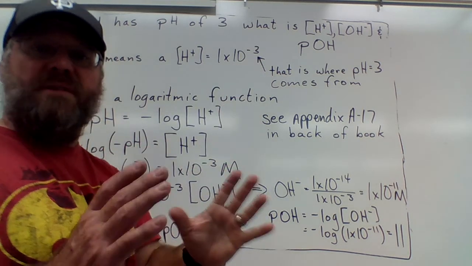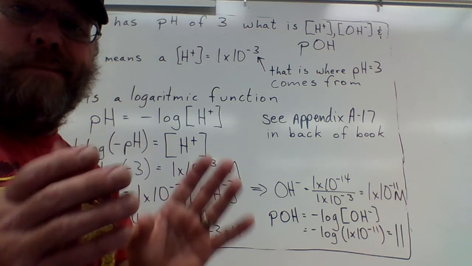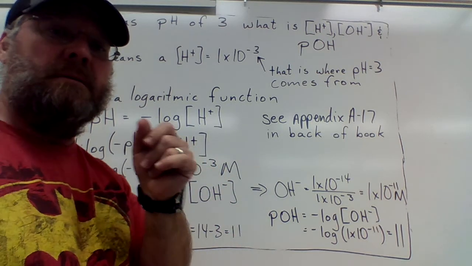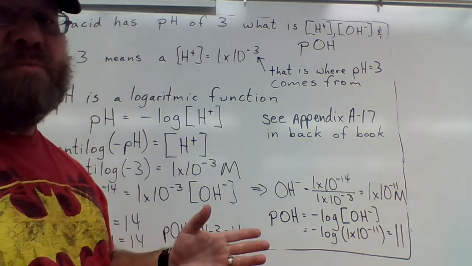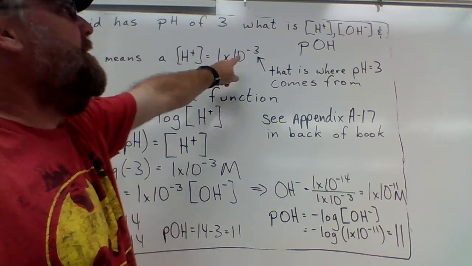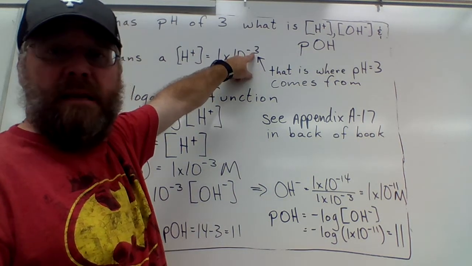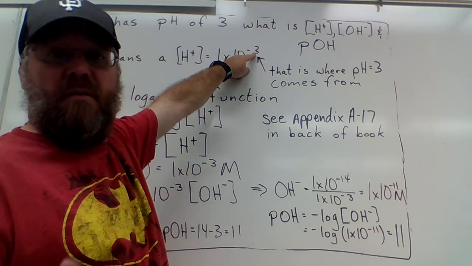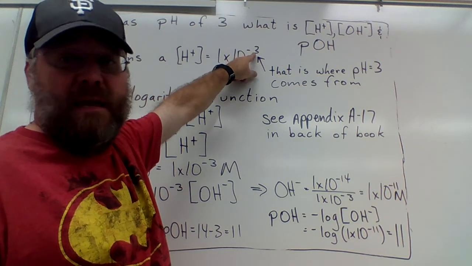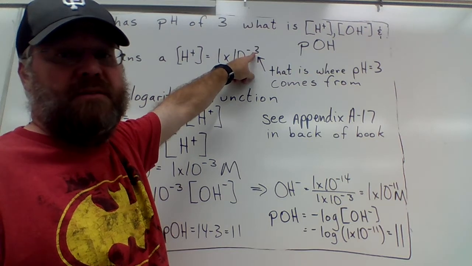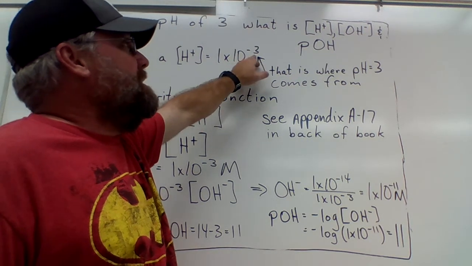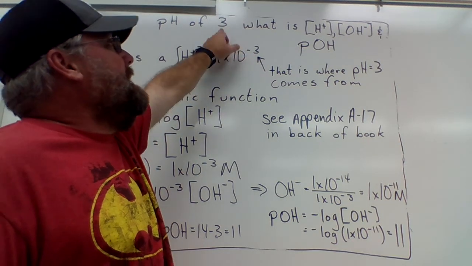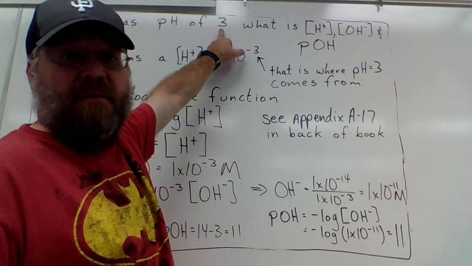It's always going to be in the pattern 1 times 10 to the minus some number, for the most part. And if we put minus 3 in here, it's going to be rare to see a pH of negative 3. And so just be aware of that. So this minus 3 gives us positive 3 for a pH.